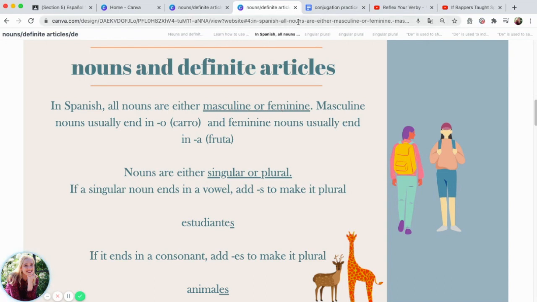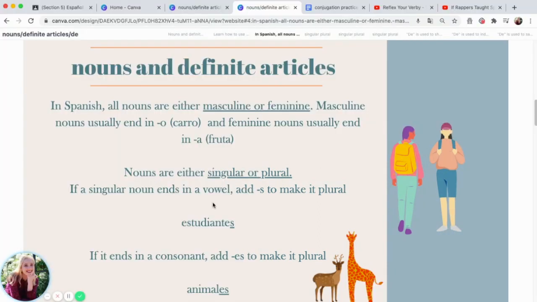So the subject and the adjective have to match, right? They have to be the same gender. The noun also has to match the definite article. So when we read a sentence, the definite article, the noun, and the adjective all have to agree, which means they have to be the same gender and the same in number. We're going to take a look at what that actually looks like.